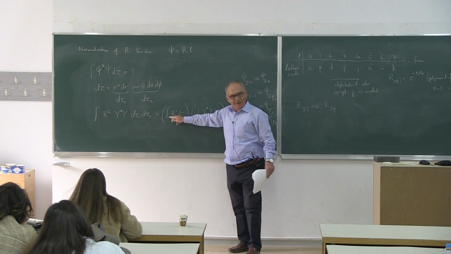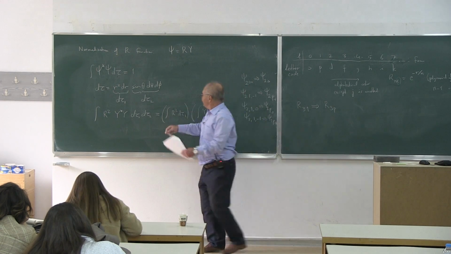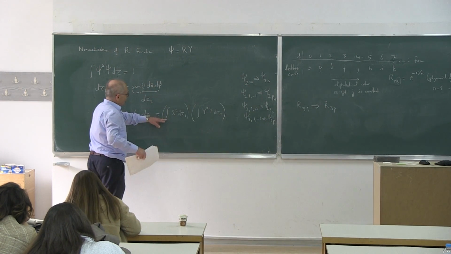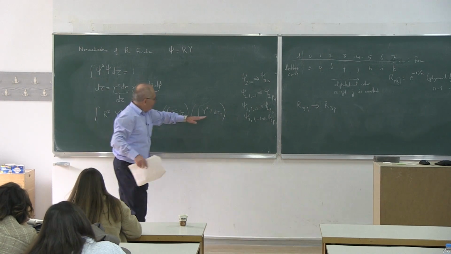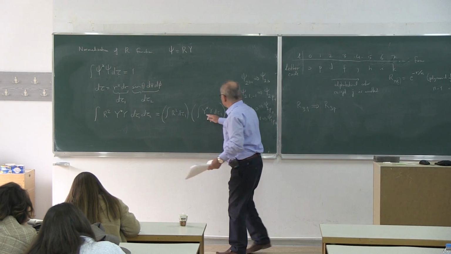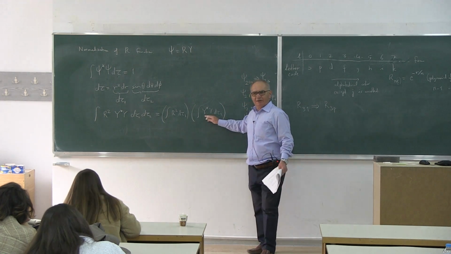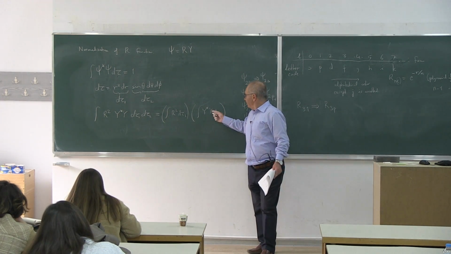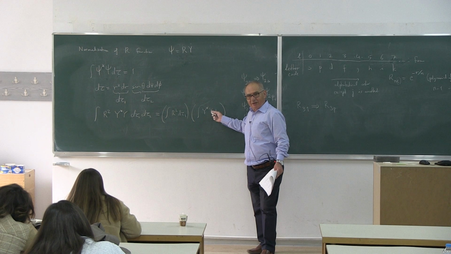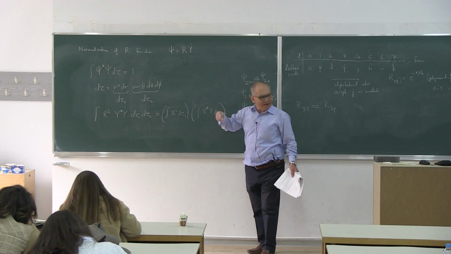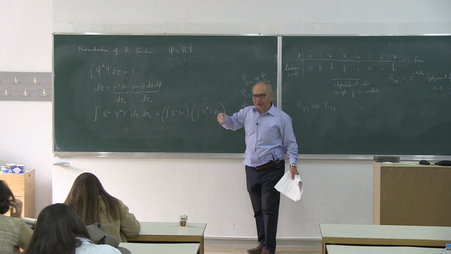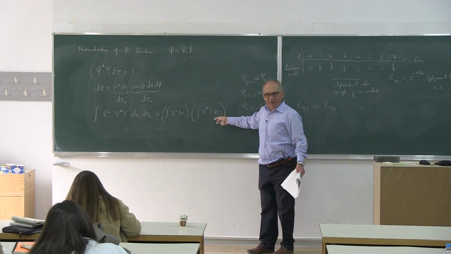So this is a one-dimensional integral over R. Limit for R is 0 to infinity. This part, how many dimensional? Y functions contain how many variables? 2. They depend on angles, remember? So this is a double integral here.